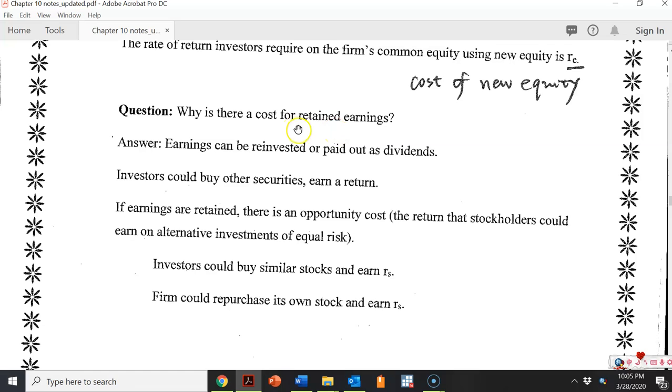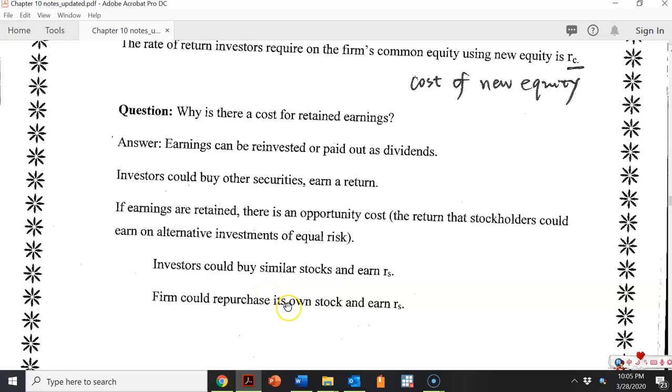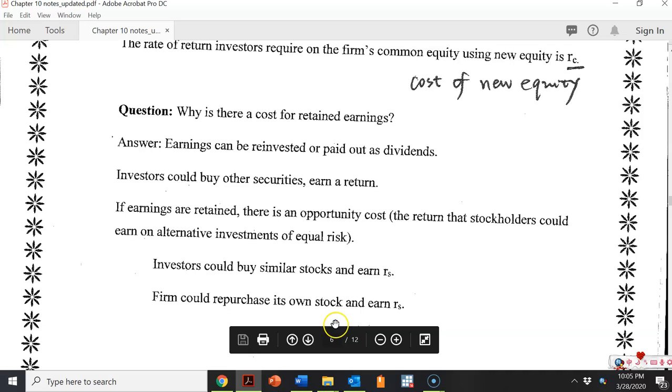So the cost of retaining these earnings is an opportunity cost, and it should be the same as the return that either the stockholder or the firm could earn by investing in other things.